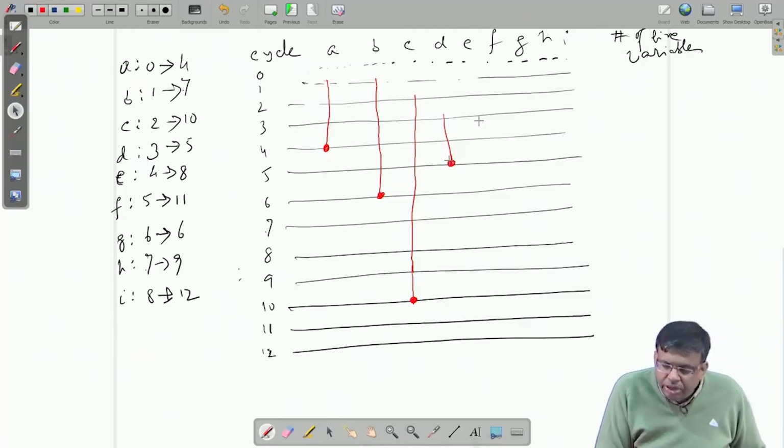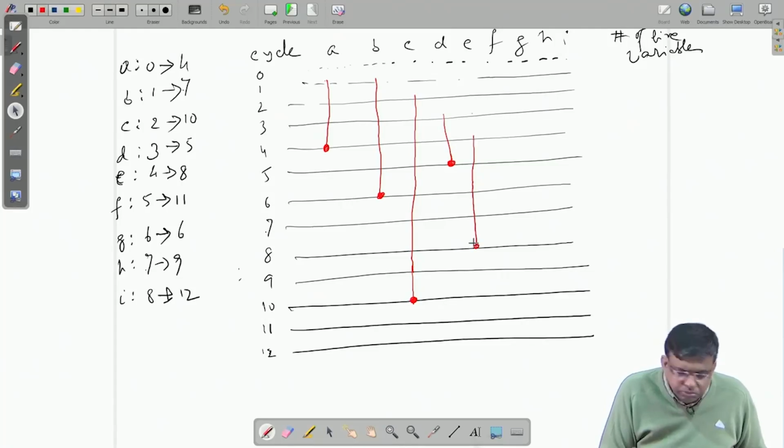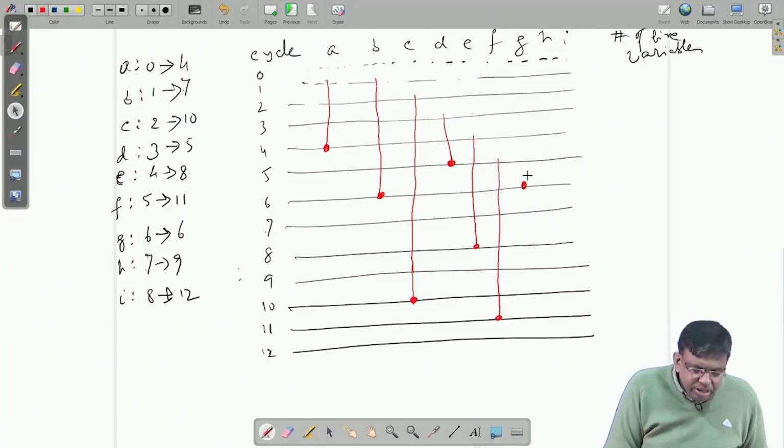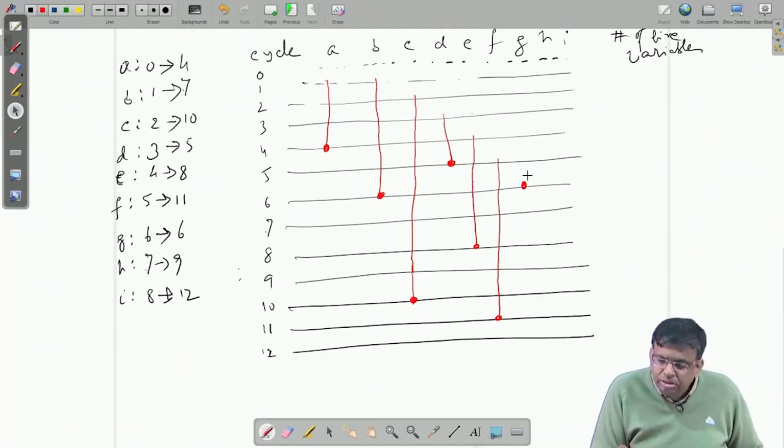E from 4 to 8. F 5 to 11. G 6 to 6. So, G is born and dead. H 7 to 9. 7 here goes to 9. I 8 to 12.